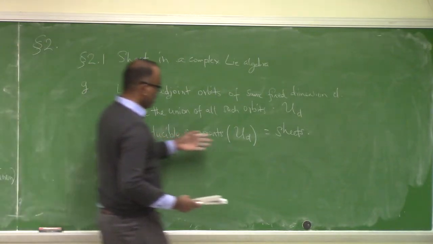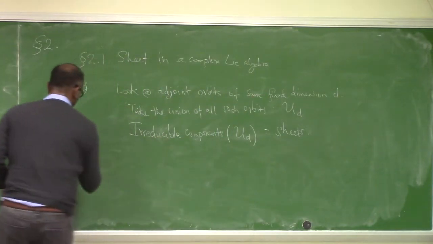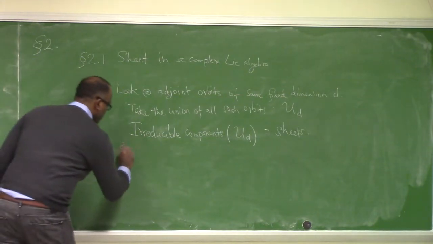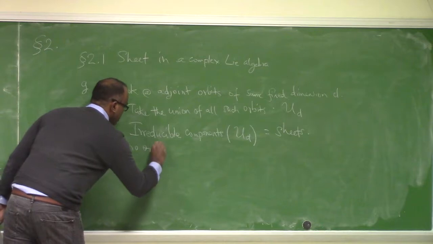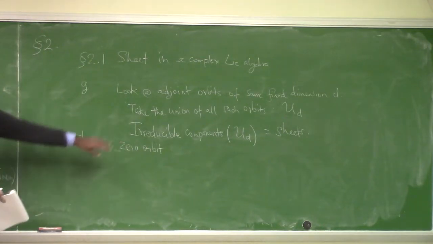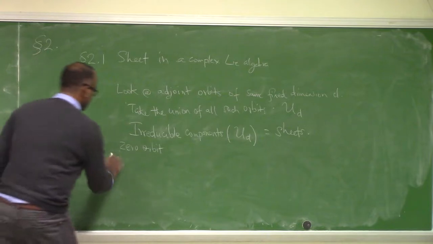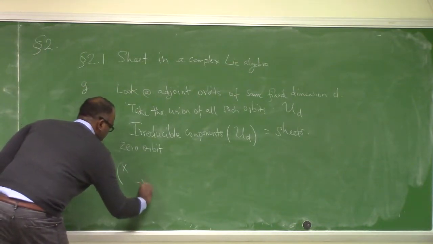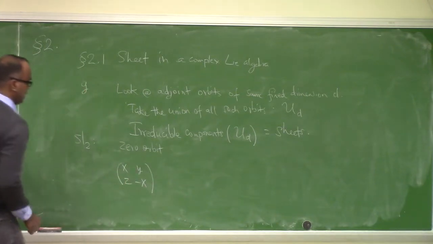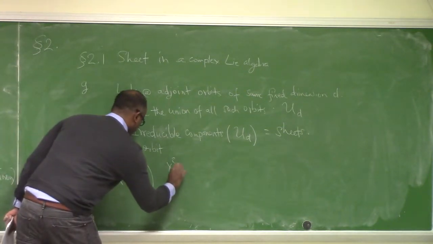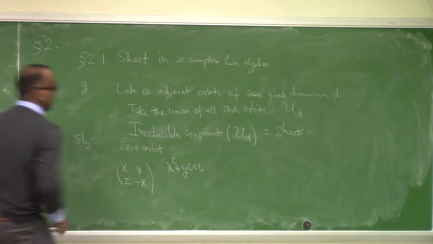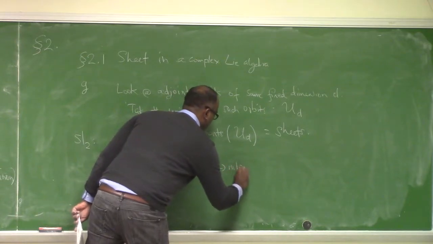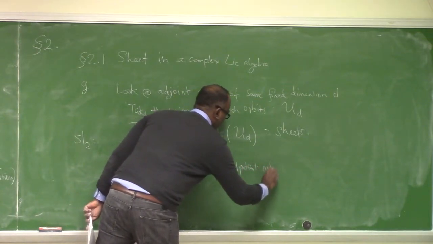So let me tell you how sheets look by giving you the most basic example. In SL2, you have, of course, the zero orbit, which is the unique zero-dimensional orbit. That's a sheet by itself. That's sort of boring. But you also have, so let's say this is a generic SL2 element. If it has determinant 0, then this corresponds to a nilpotent orbit.